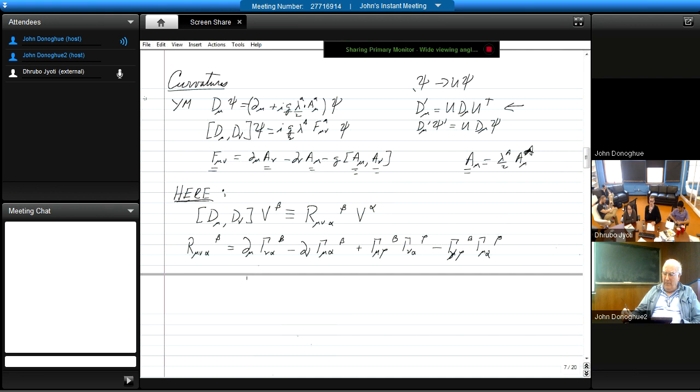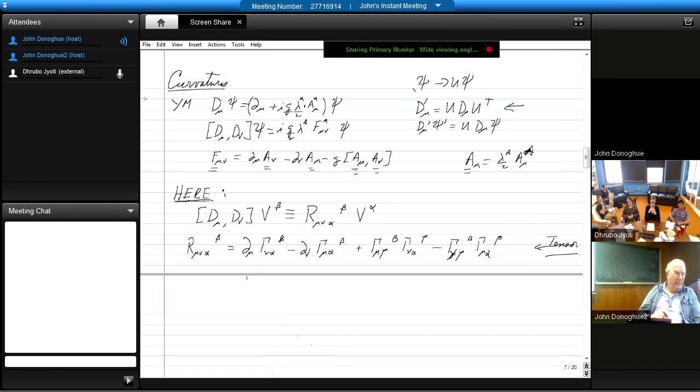So the analogy is supposed to be up there to the F mu nu. This is the equivalent of F mu nu. It has derivatives of this connection, and the connection was the thing that transformed like a gauge field. And by construction, since each of these derivatives transforms covariantly, this guy is a tensor.